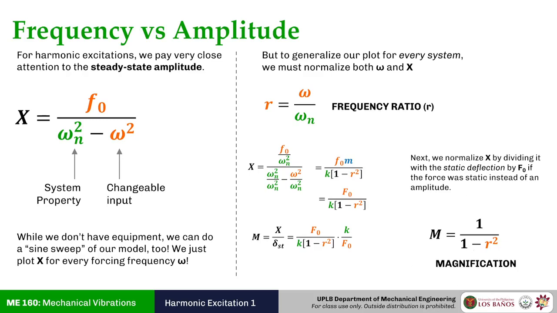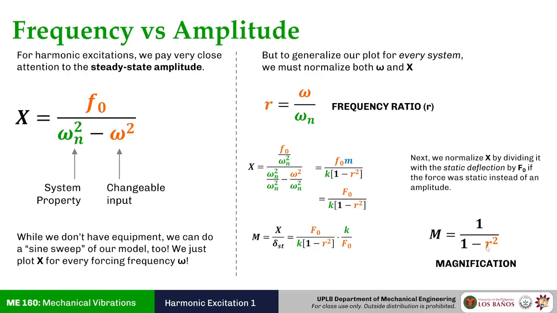And if you normalize them, you'll see that some of their behaviors tend to coincide with one another, regardless of what their mass is, regardless of what their stiffness is. You can express a general model for their behavior. So we can graph this, and it accurately represents the behavior of the single degree of freedom system under harmonic excitation for all conditions.